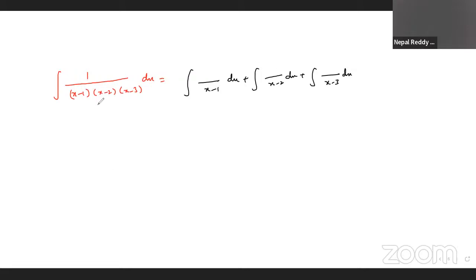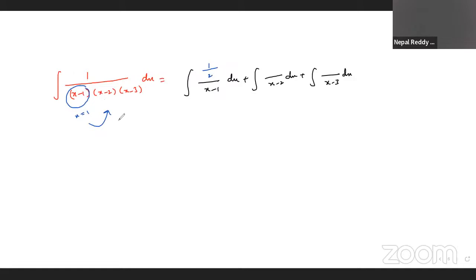To get the constant upon x minus 1, just close x minus 1 and put the value of x equal to 1 in the remaining part. 1 divided by 1 minus 2 into 1 minus 3, so minus 1 minus 2 become 2.